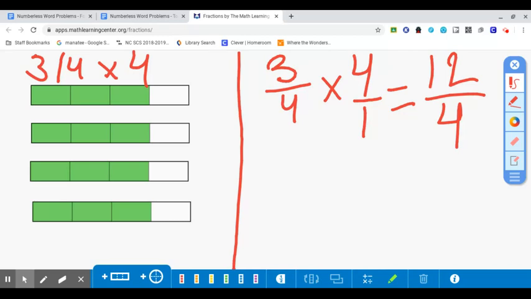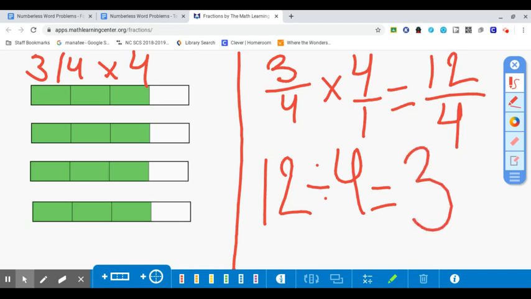So to put it back into whole number form, we need to divide 12 divided by 4. If we skip count up, we have 4, 8, 12. Well, 4 goes into 12 evenly, and we skip counted 3 times. So 12 divided by 4 is 3.